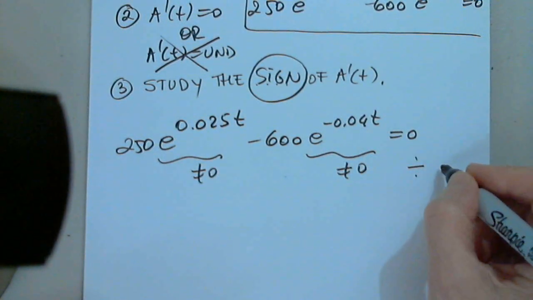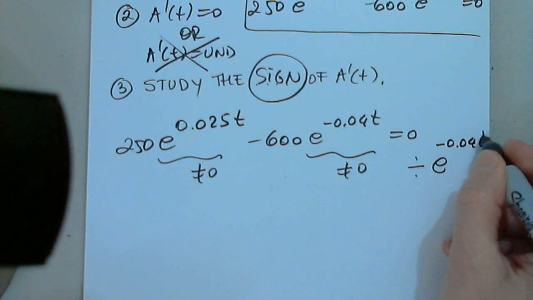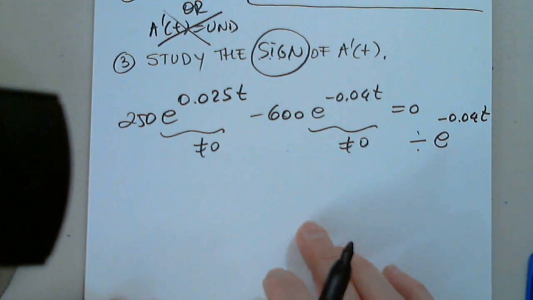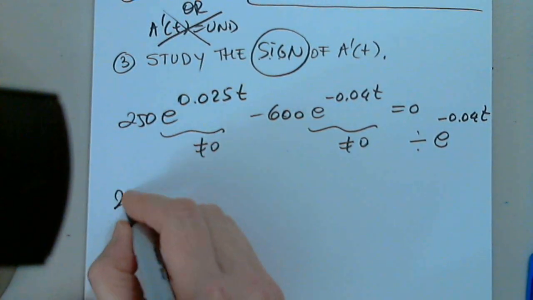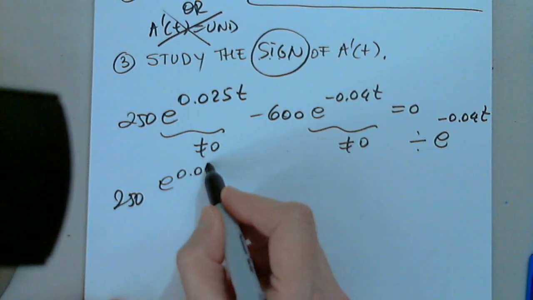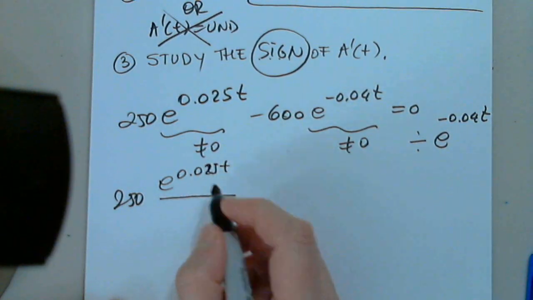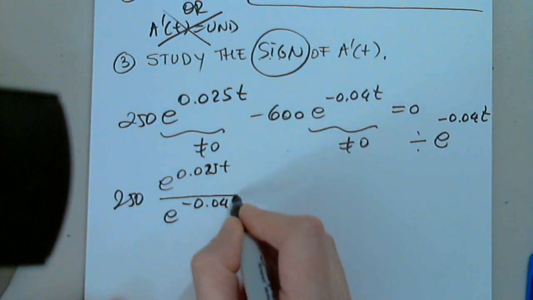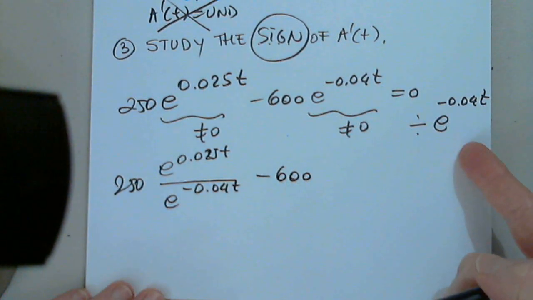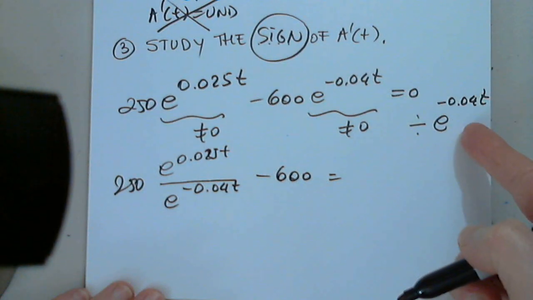I'm dividing both sides by e to negative 0.04t. It's never 0. It's legitimate to do it. So when I divide here, I have 250 e to 0.025t over e to negative 0.04t minus 600. This over this will be 1, equals this over this will be 0.